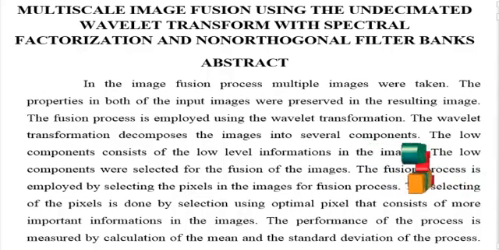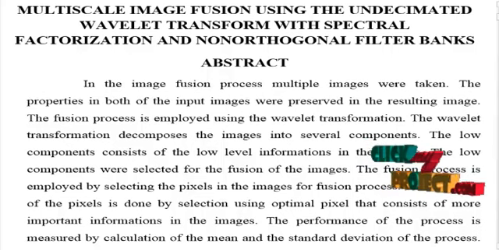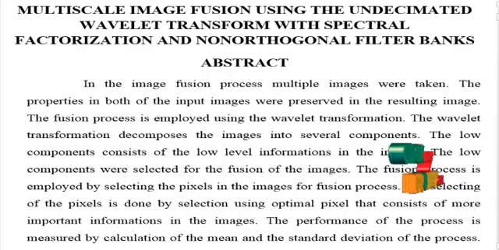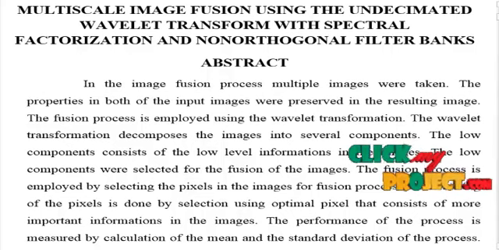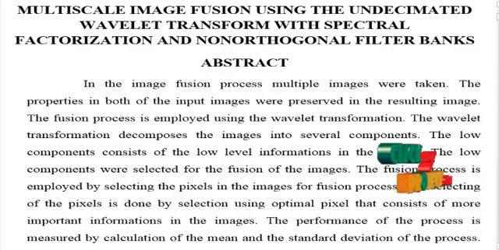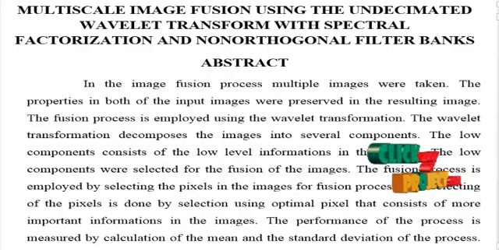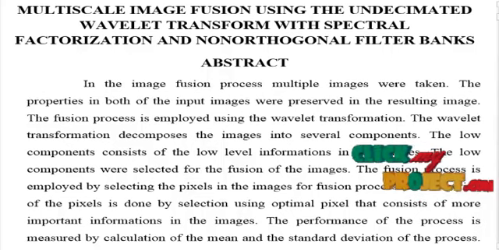The fusion process is employed using the wavelet transformation. The wavelet transformation decomposes the images into several components. The low components consist of low-level information in the images. The low components are selected for the fusion of the images.